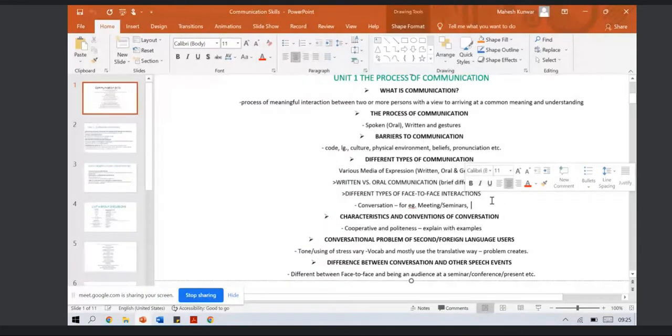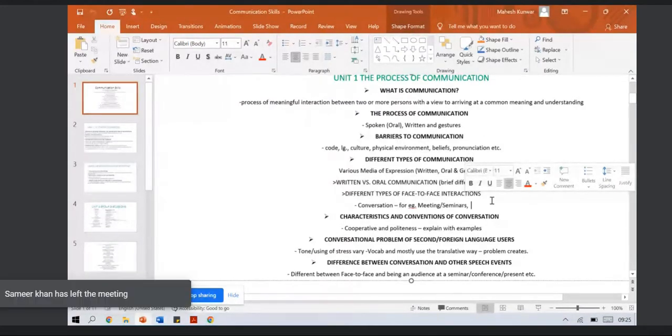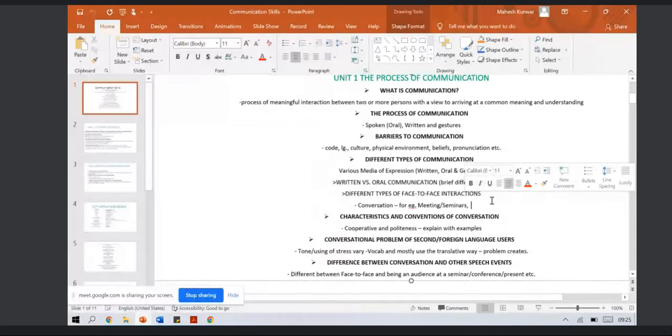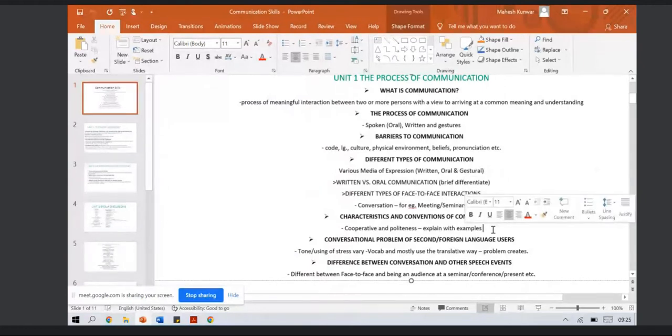The main motive or objective of any sort of communication is being polite and cooperative, either oral or written communication. This is the characteristic of any type of conversation. So while you are sharing your ideas, information or news, you must be very cooperative to the audience, and very polite.